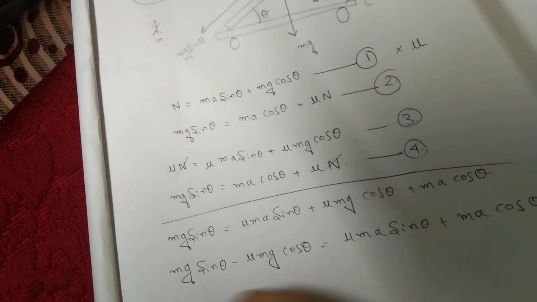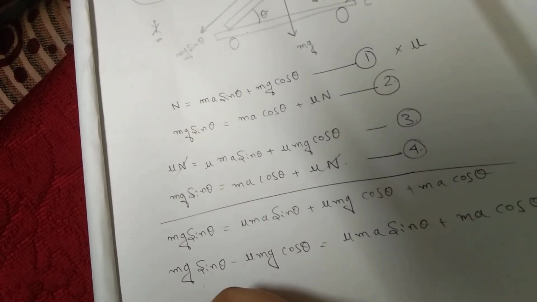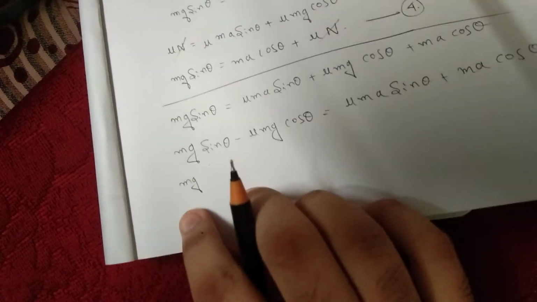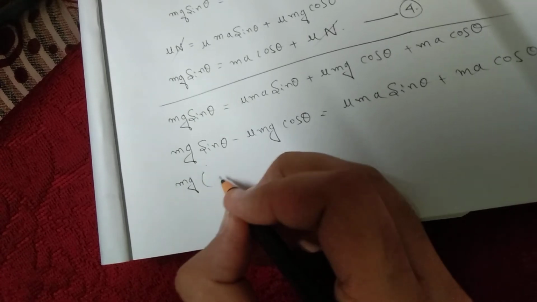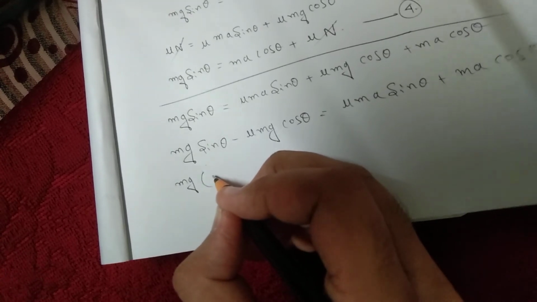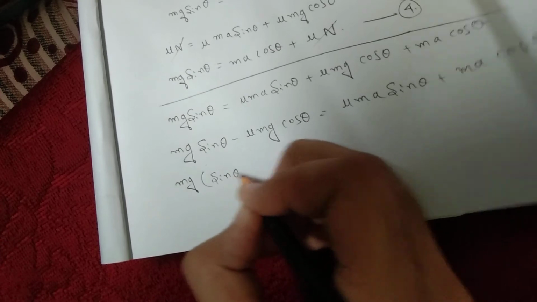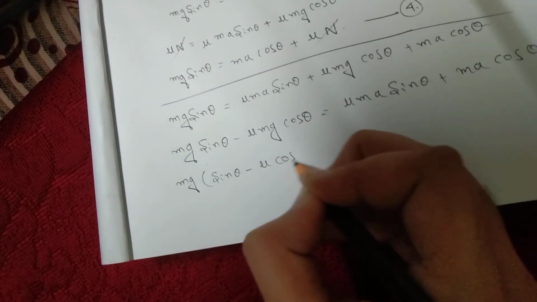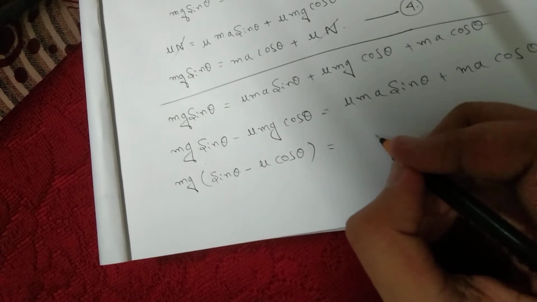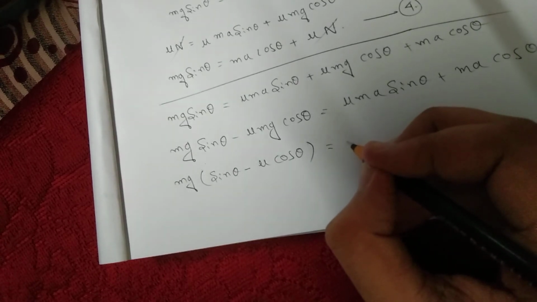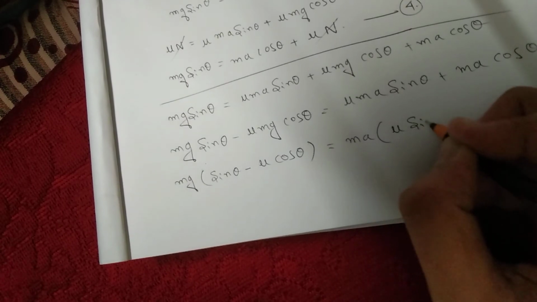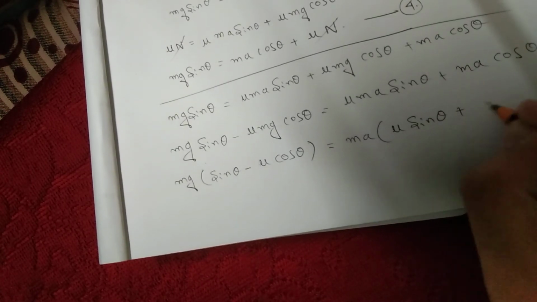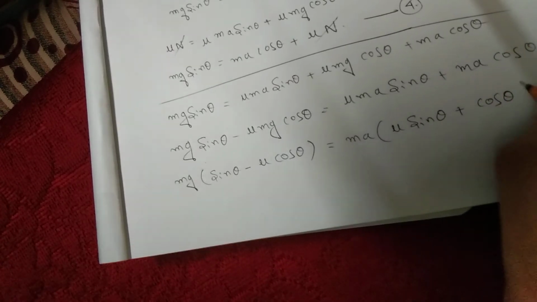So let me take common mg: mg times sine theta minus mu cosine of theta is equal to ma times mu sine of theta plus cos of theta.